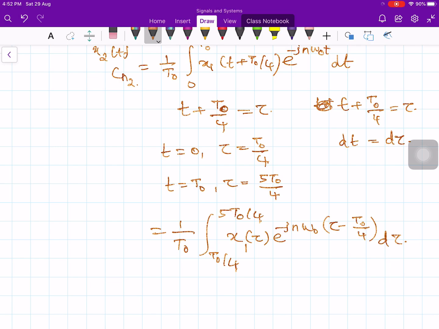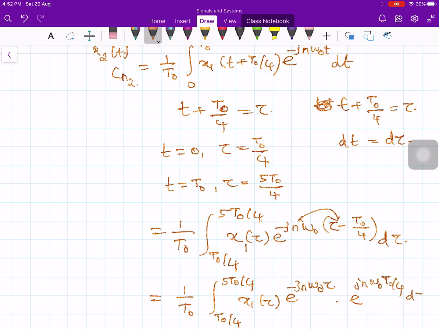Again, if you rearrange, you will get 1 by t naught integral from t naught by 4 to 5 t naught by 4 of x1 of tau, multiply inside, e to the minus j n omega naught tau times e to the plus j n omega naught t naught by 4, d tau.